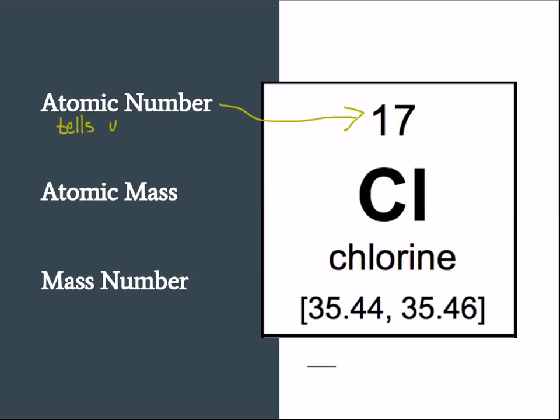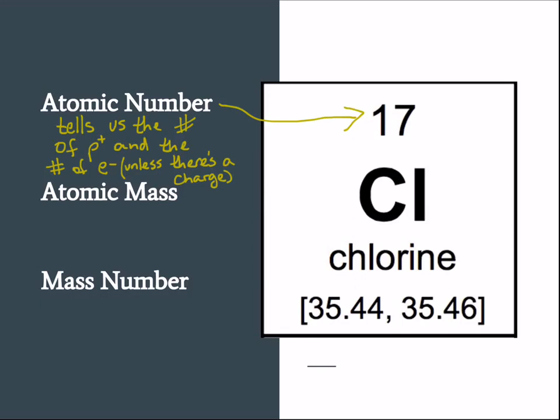And the atomic number tells us the total number of protons in the nucleus. And as long as there's not a charge on the atom, as long as the atom is not an ion, this number is also the number of electrons. We'll do charges and ions at a later day, so just know that that rule sometimes is different.